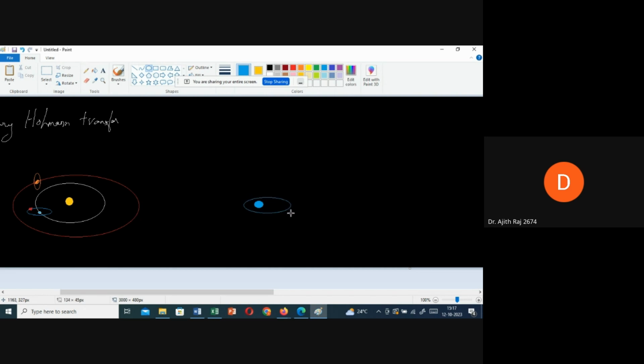We have even seen this earlier, right? We said it was a nearly circular orbit like this, not exactly circular. And we said this is your point A.